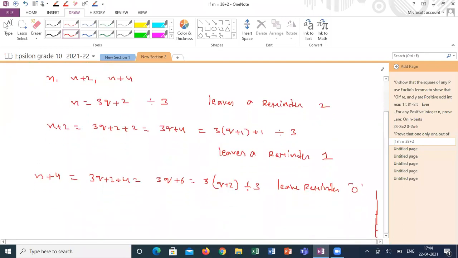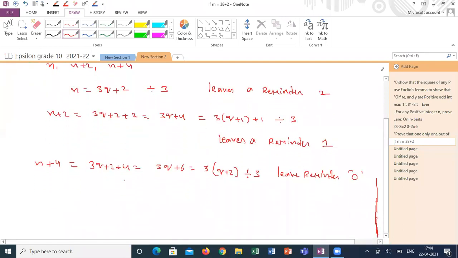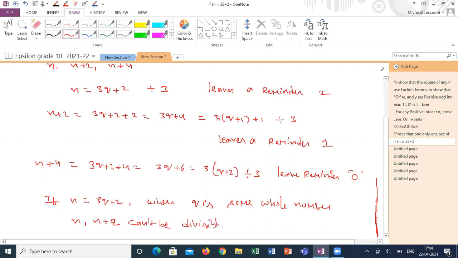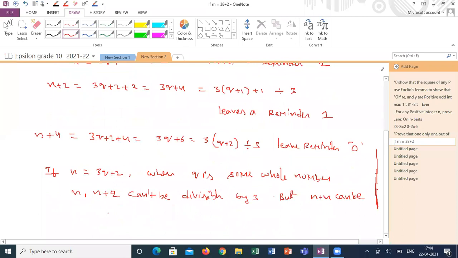So what is the conclusion statement I can write here, guys? After discussing these three numbers, if n is equal to 3q plus 2, where q is some whole number, n and n plus 2 can't be divisible by 3, but n plus 4 can be divisible by 3.